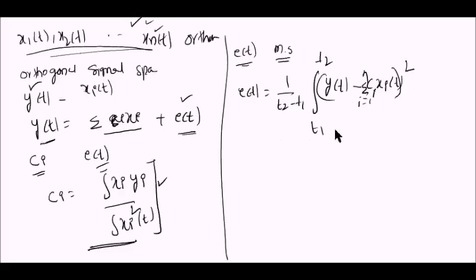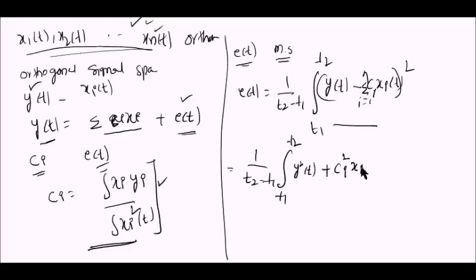When we expand this, what terms will we get? 1 by t2 minus t1 integral t1 to t2, we get y square of t, plus ci square xi square of t, summation i equals 1 to n.